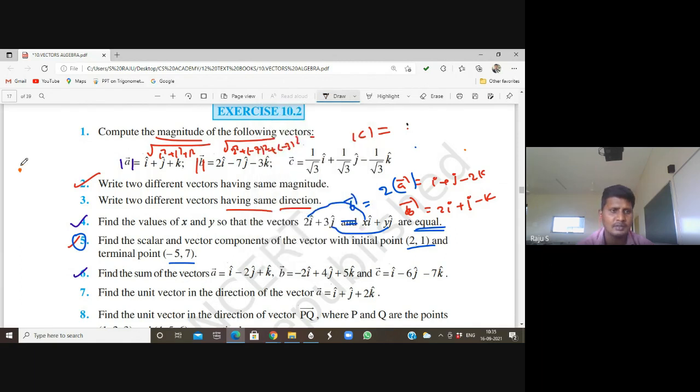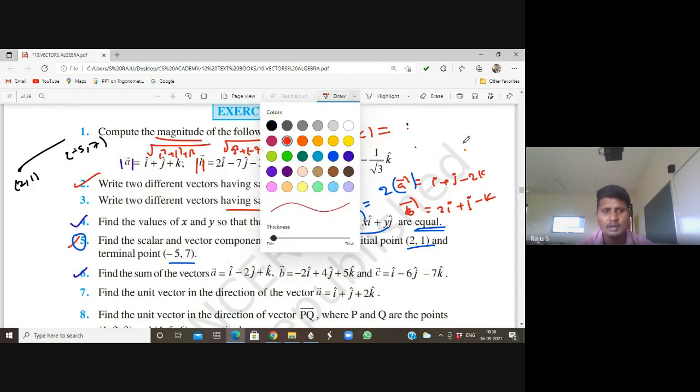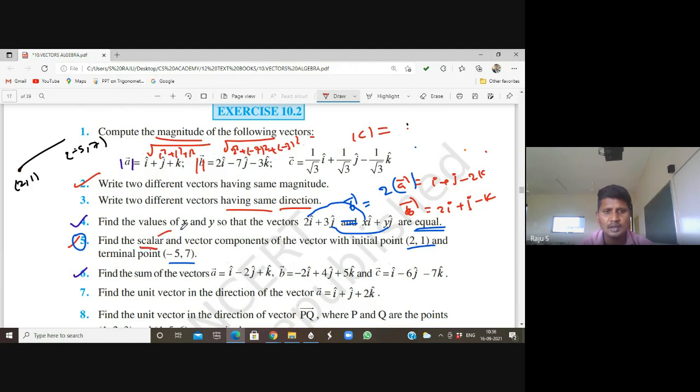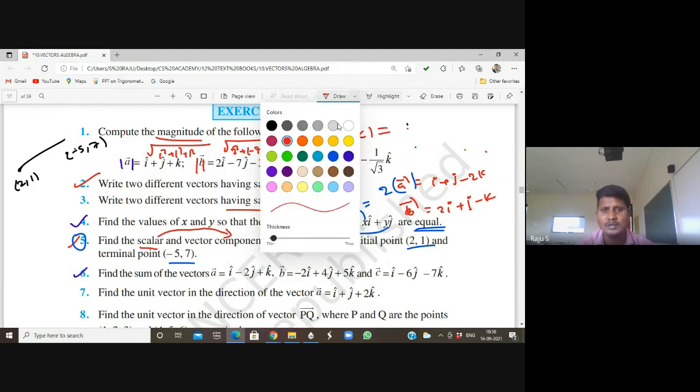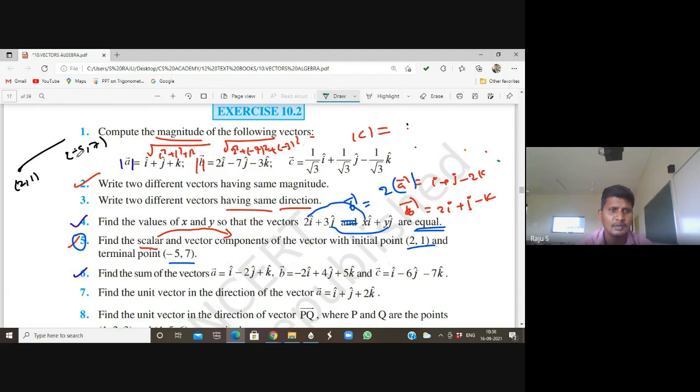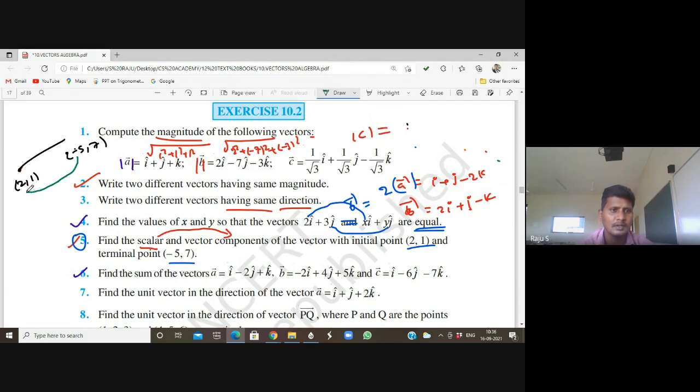The starting point here is 2 comma 1, and the ending point is minus 5 comma 7. First, the scalar components are given by simply: minus 5 minus 2, comma 7 minus 1.